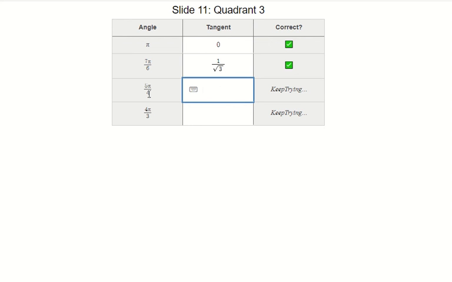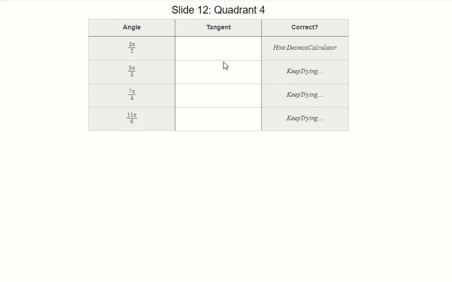And all the ones with 4 in the denominator are just 1, and this one's positive 1 because it's in the third quadrant. And then this one must be the other one, which is square root of 3, also positive because it's in the third quadrant. And then in quadrant 4, they're all going to be negative.